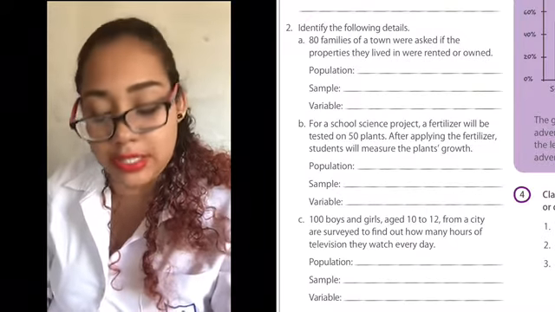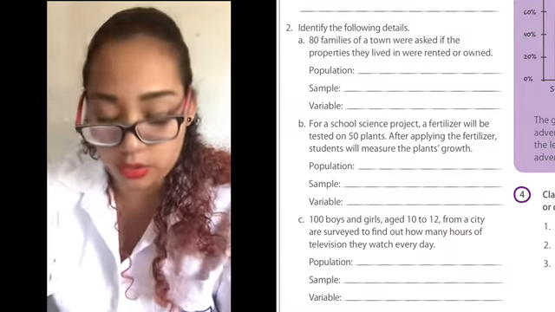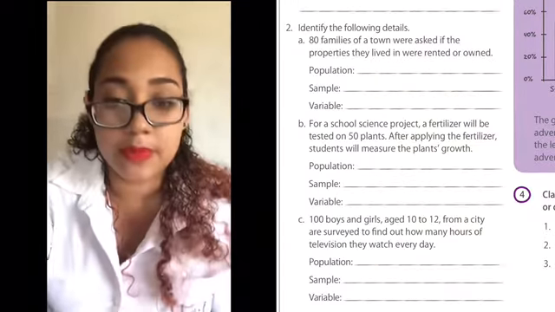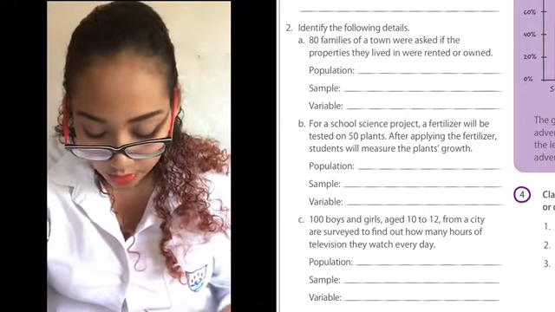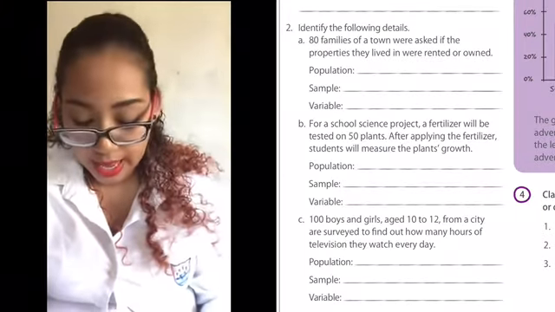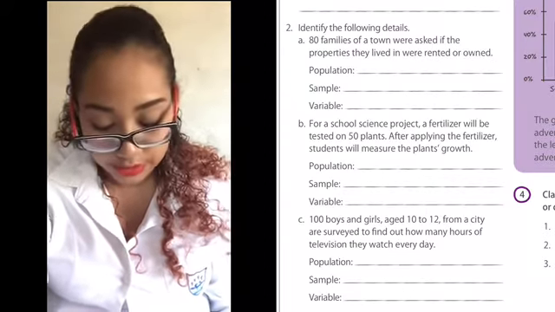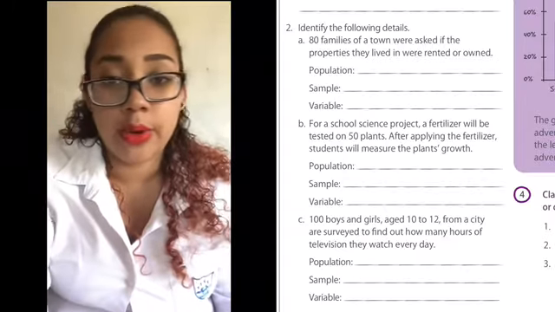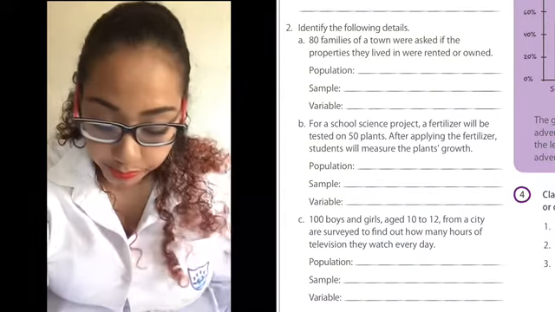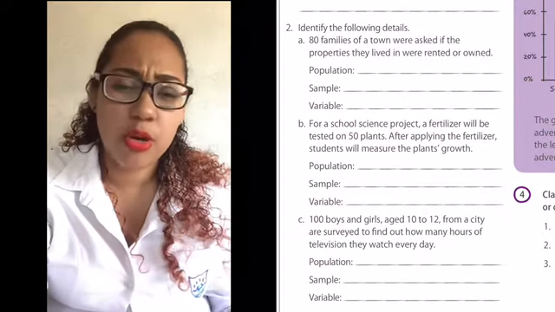Now, on letter C, it says 100 boys and girls aged from 10 to 12 from one city are surveyed to find out how many hours of television they watch every day. So right here, you have to analyze what the population is. Is it animals? Is it people?